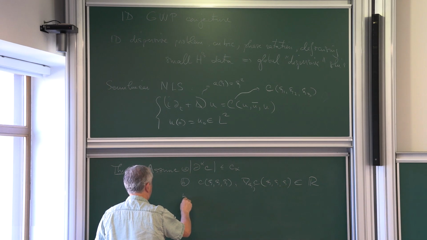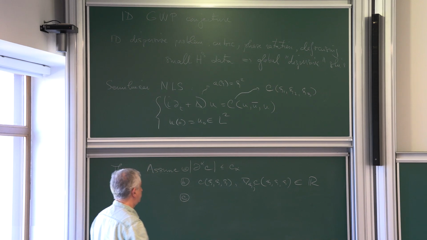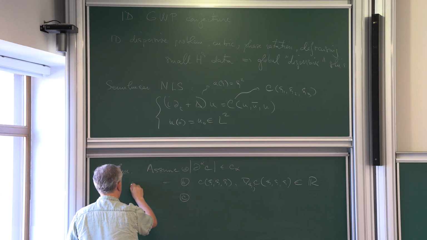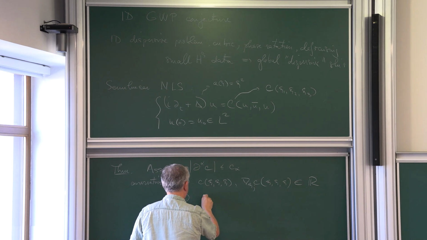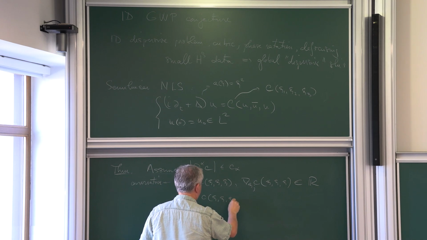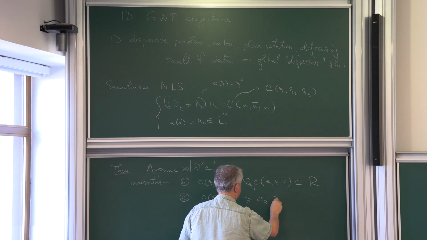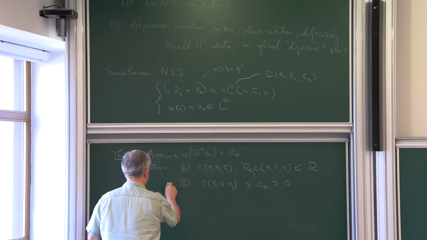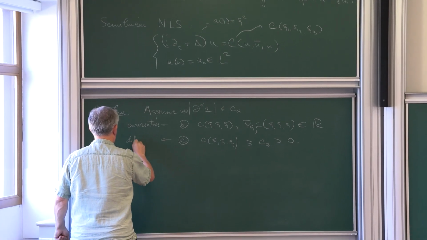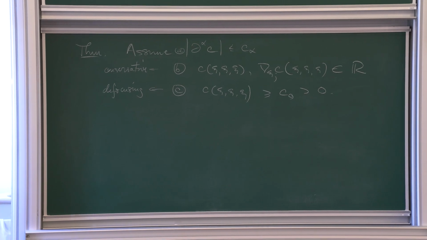And this is the conservative condition. And the third condition is that C of xi, which by now we know is real, is greater than some positive constant, which is greater than 0. So this is the defocusing assumption. All right, so these are our assumptions.